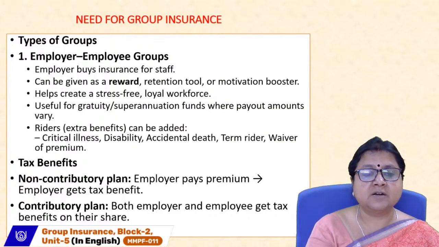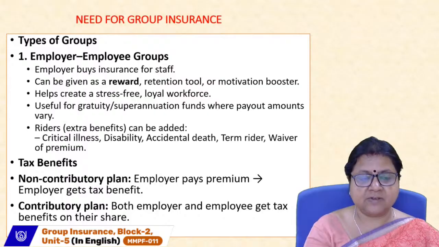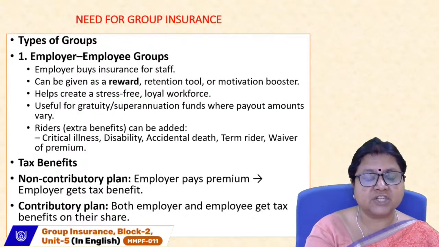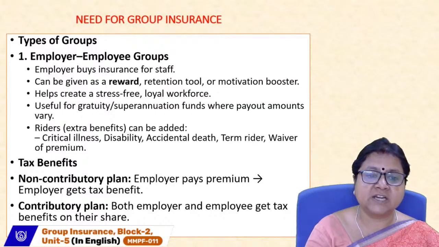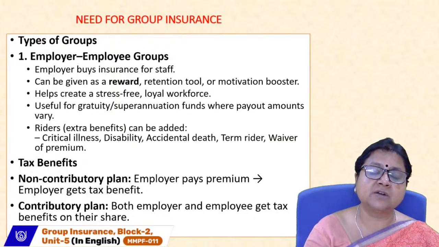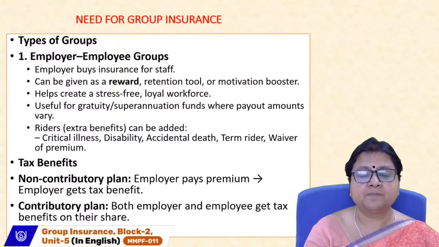There also can be riders. We have discussed riders in the 4th unit. Some conditions can be put where you can get extra bonus or benefits in the policies, like critical illness. Suppose the person has a permanent or temporary disability, then what benefit can the person get?